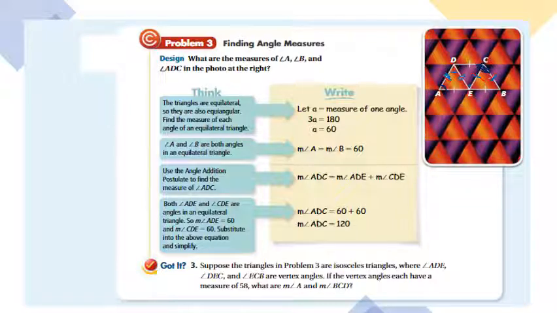Okay, so how can we answer this? Look at the triangle. If I put the mark on this and this, you can understand that the two sides are congruent, is it right? And by using the theorem, you can say that angle A and angle ADE are congruent.